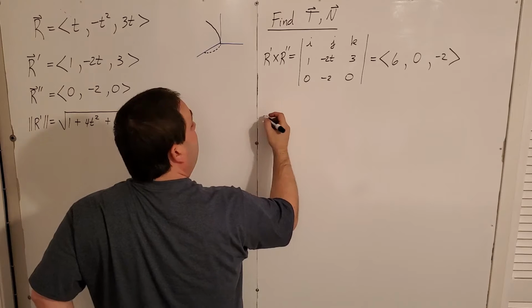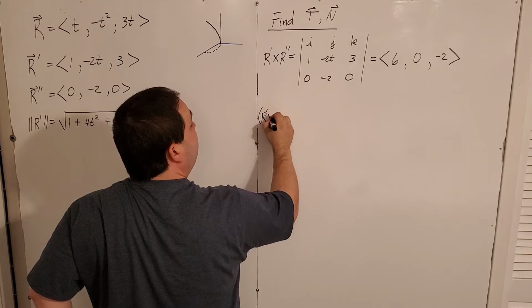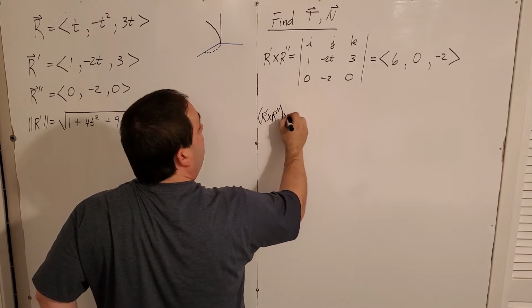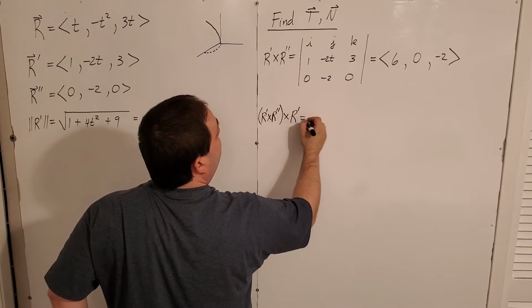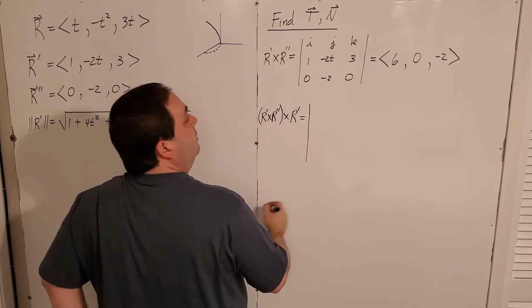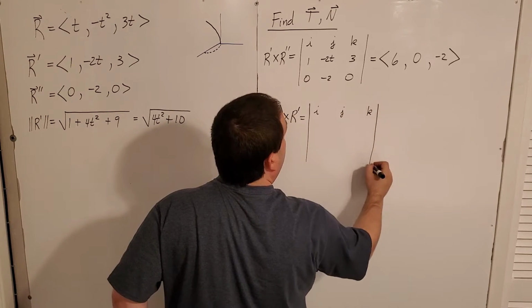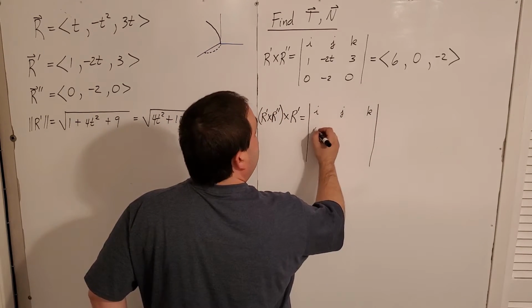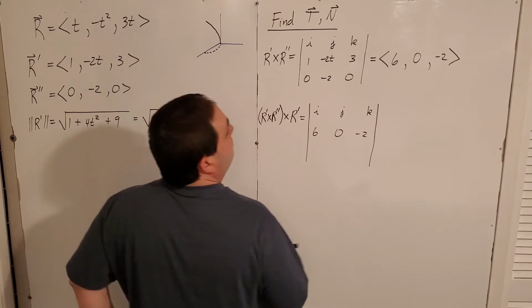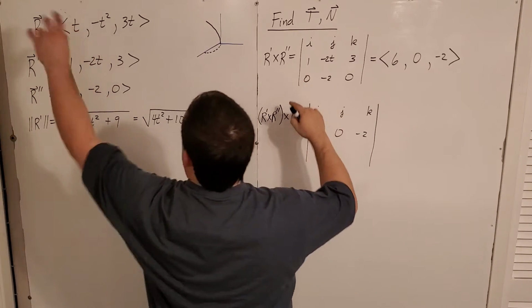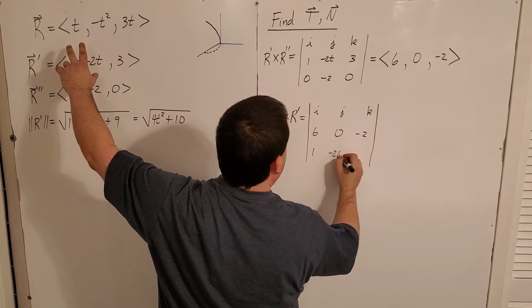Next, I'm going to do that thing that we just found crossed with the original r prime vector. So i, j, and k. I've got 6, 0, negative 2. And r prime is 1, negative 2t, and 3.